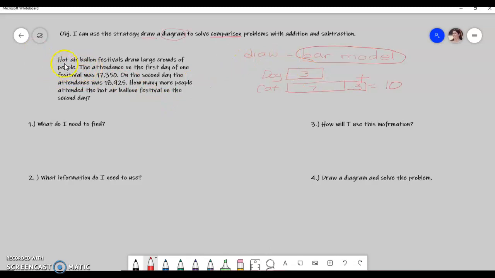So if we look at our question here, we're going to read our question. When we start word problems, there's a rule. We have to read 3 times before we start. So the first read, we just read it out loud. Hot air balloon festivals draw large crowds of people.